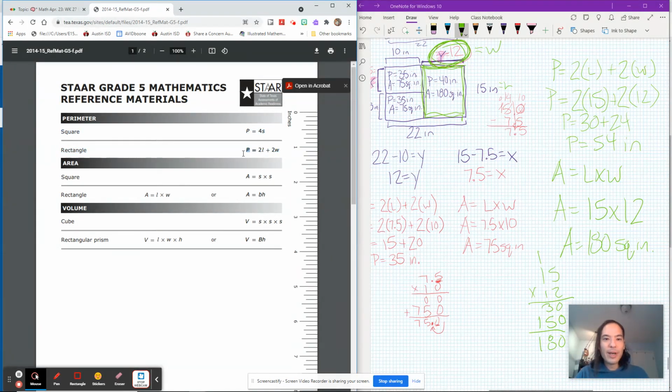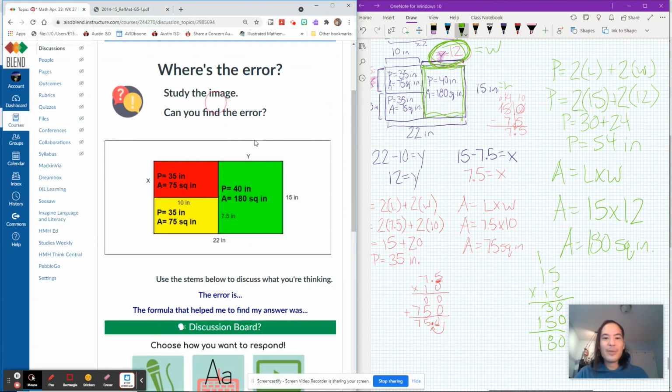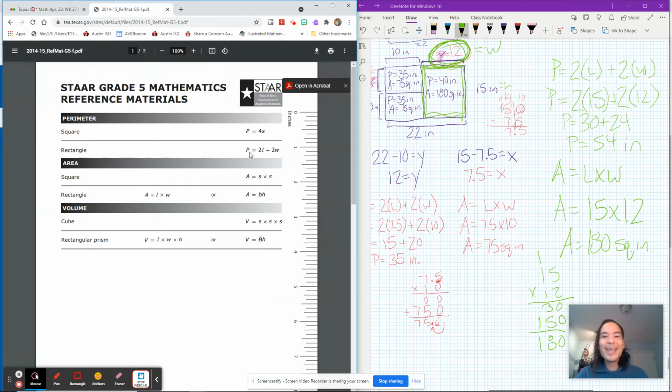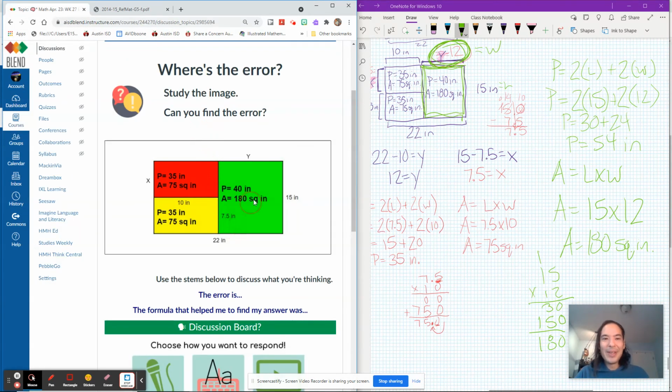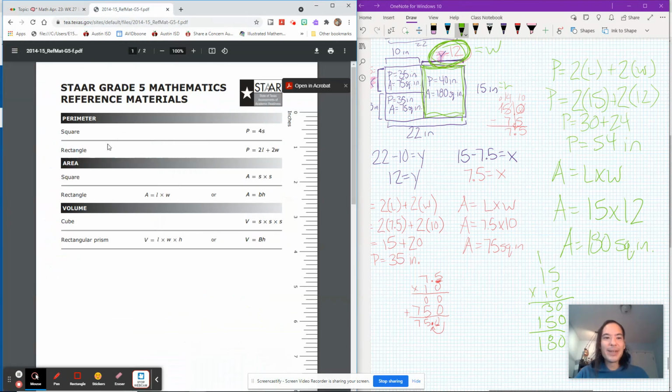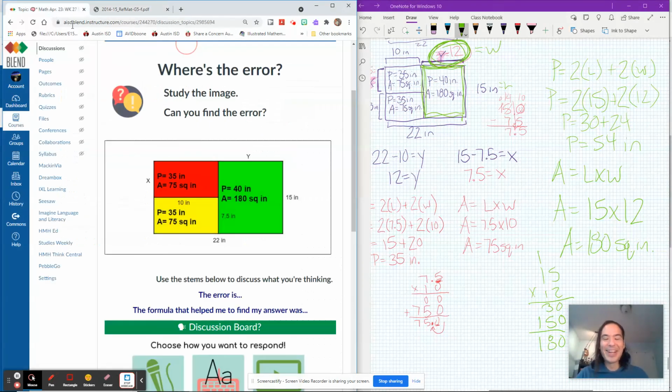Perimeter equals 2 side lengths plus 2 side widths. So the formula that helped me find my answer was P equals 2 lengths plus 2 widths, the perimeter of a rectangle formula. All right, I don't think I can say that any more times without y'all hating me.